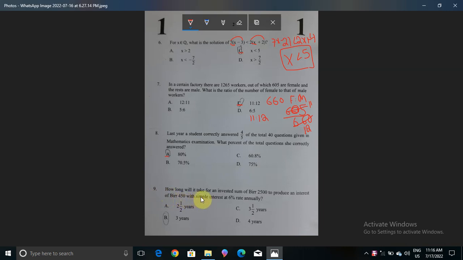How long will it take for an invested sum of BER 2500 to produce an interest of BER 450 with simple interest at 6% rate annually?